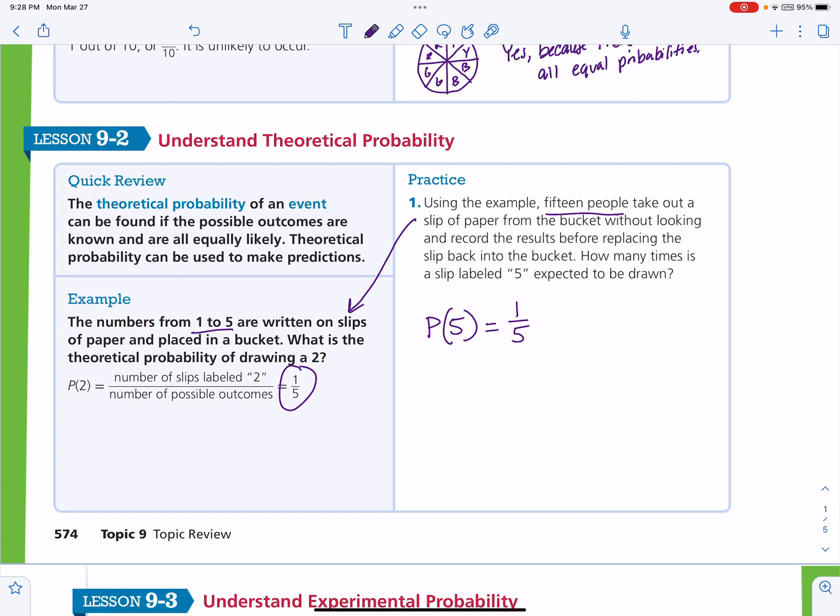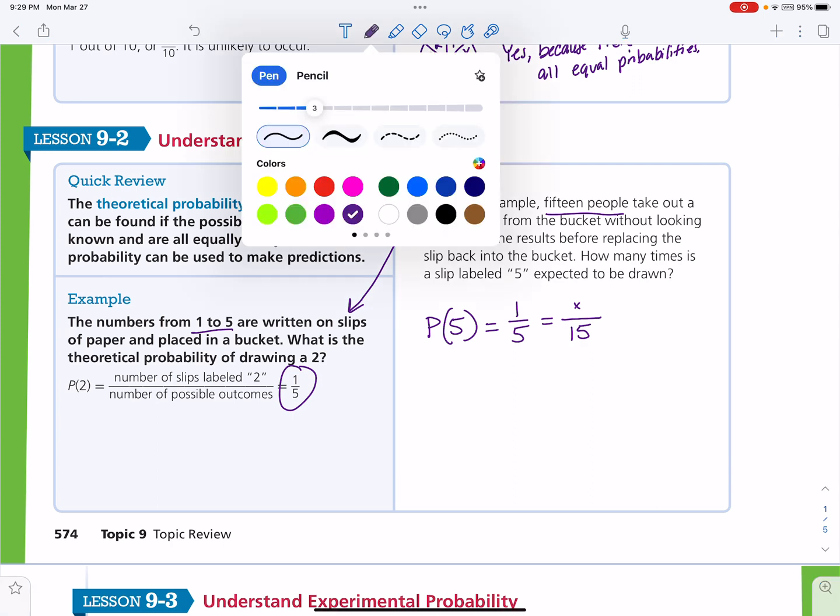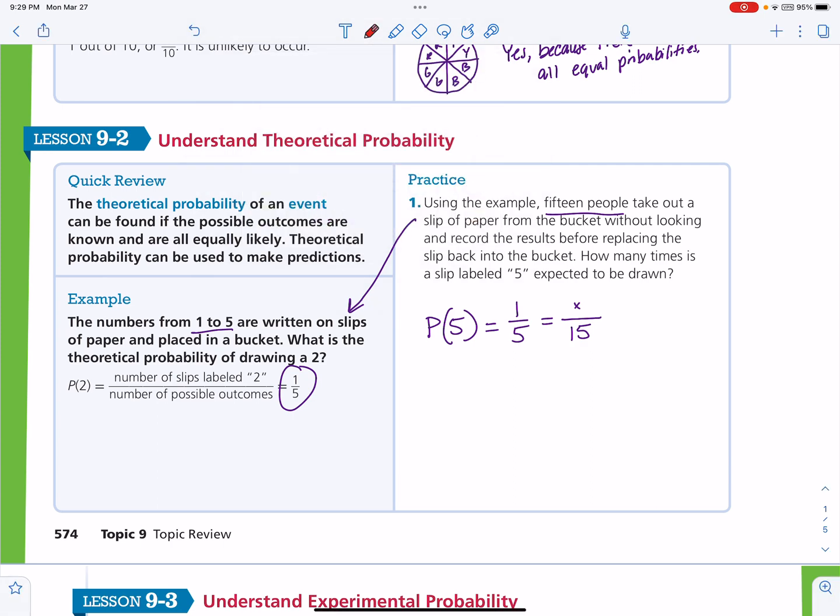And so then our question is, what about 15 people? So remember, our trick for this is remembering predicting probability, you make a proportion. And so we're wondering, well, rather than that single probability, what about if I have 15 people instead? What's my x going to be? I can see that my proportion is just going to be times 3 over 3.